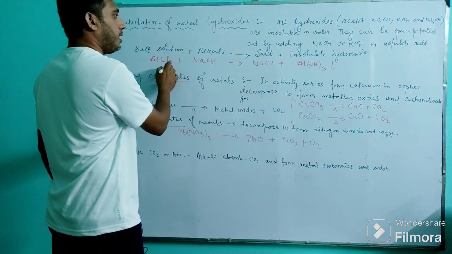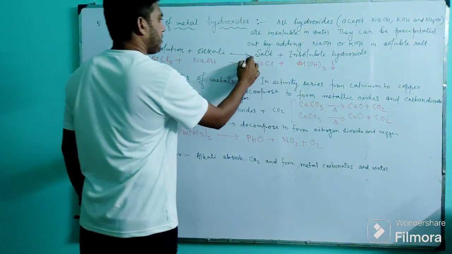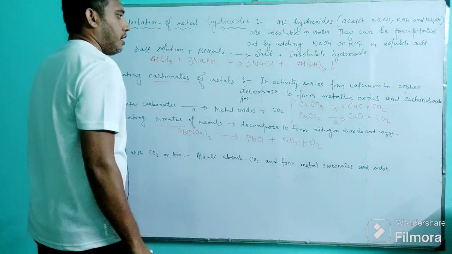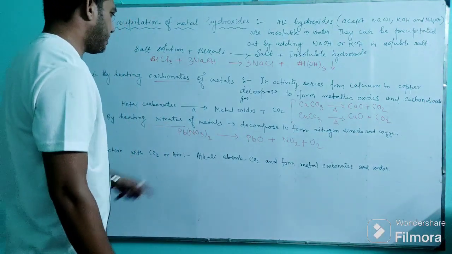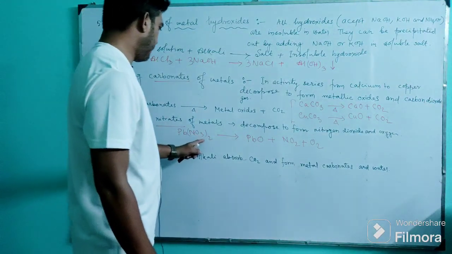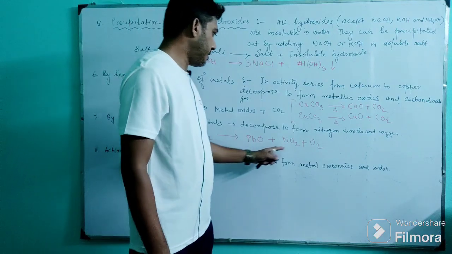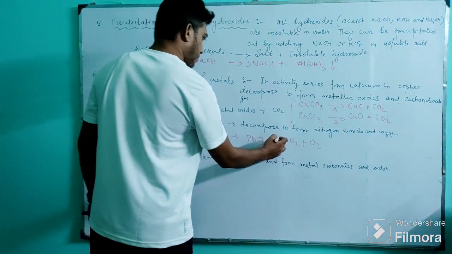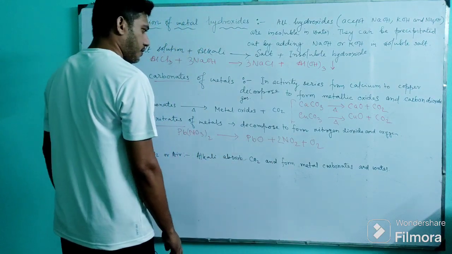Check the balance here also. How many oxygens are there? 6. Nitrogen is 2, so it will be 4 NO2.